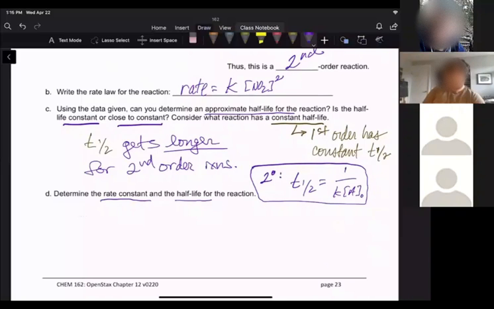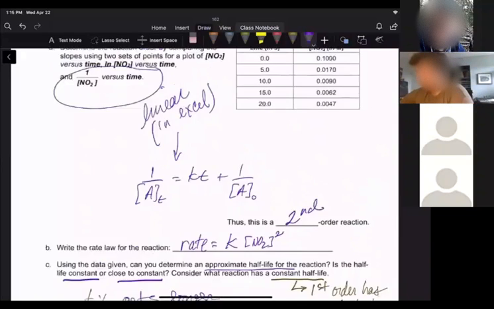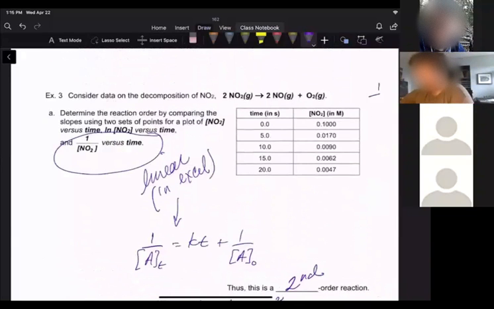Oh, I didn't write down those values, but we can calculate the slope manually. So let me modify this data. We're going to look at 1/NO2, and that's what we found was linear. So that value, 48.82, 51.475.